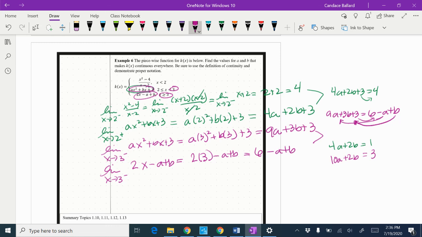Did I type it wrong originally? Sorry, there's something wrong with it. I want to make sure I don't do it wrong. I think there's a typo in the problem.